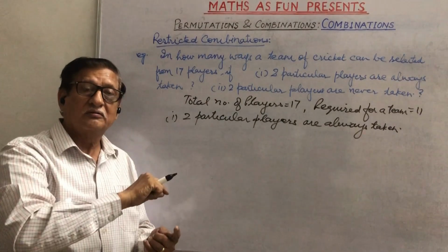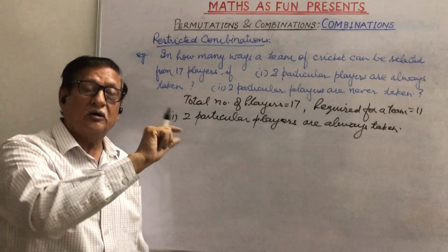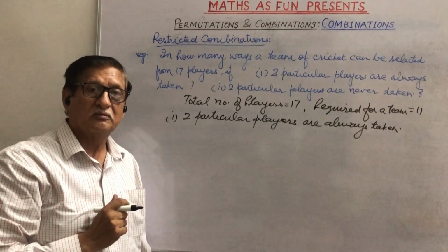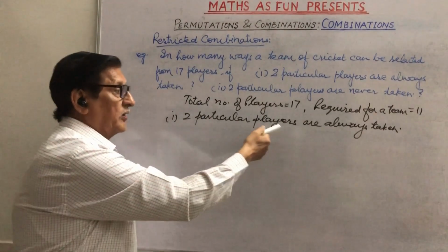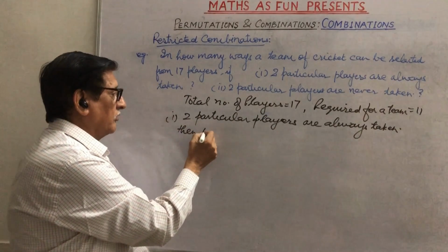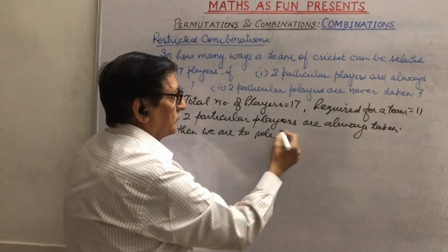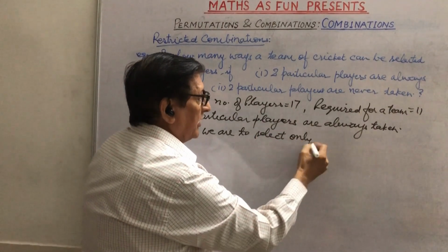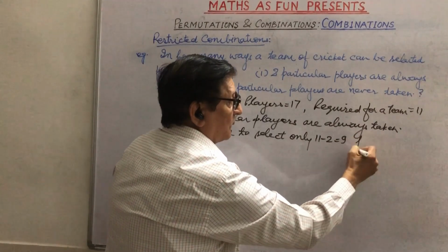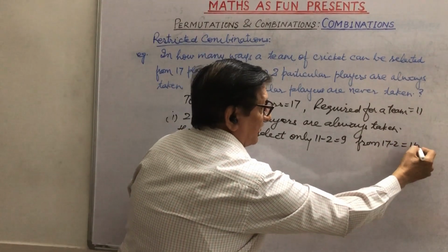Out of what? Out of 15, because from 17 that 2 have been already taken out. So when 2 players are always taken, then we are to select only 11 minus 2, that is 9, from 17 minus 2, that is 15.